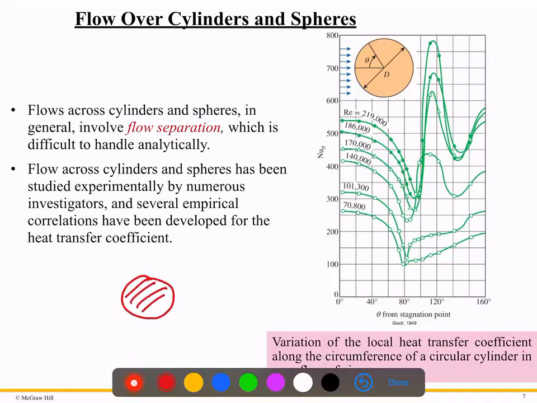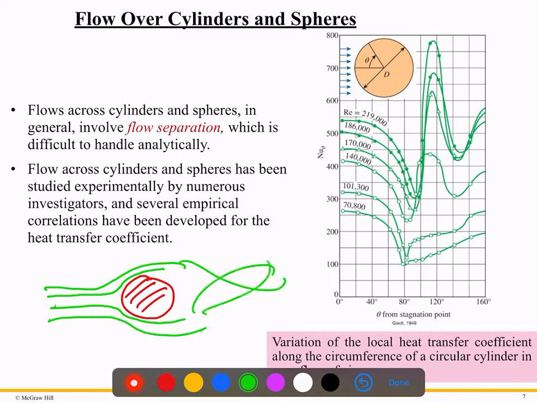Let's say this is a cylinder, and the flow is coming this way. We can see that some flow separation happens, and later on some mixing. So the flow mixes together. The flow separation is difficult to handle analytically, so we need some benchmark experiment or some numerical solutions to analyze this.